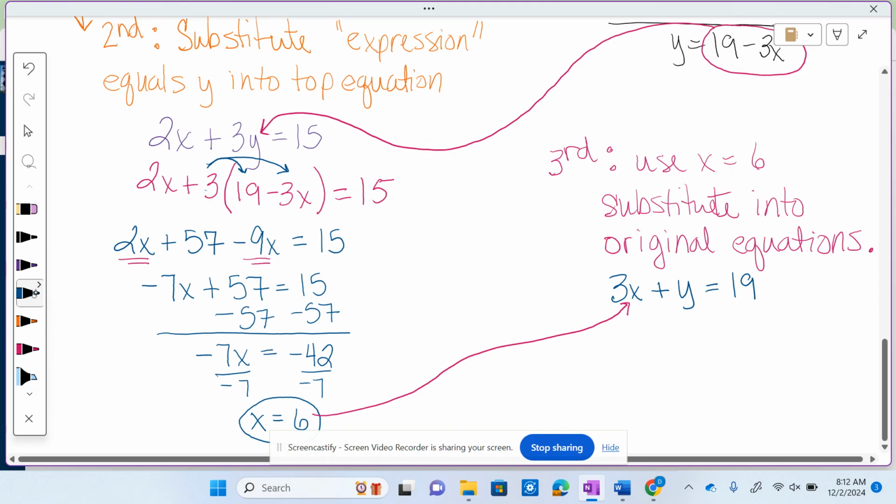So I'm really going to write this as 3 times 6 plus y equals 19. What is 3 times 6? 18 plus y equals 19. So when I subtract 18 from both sides, I find out that y equals 1.